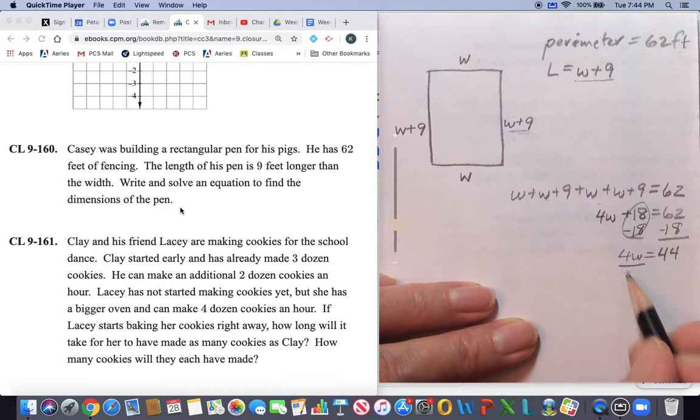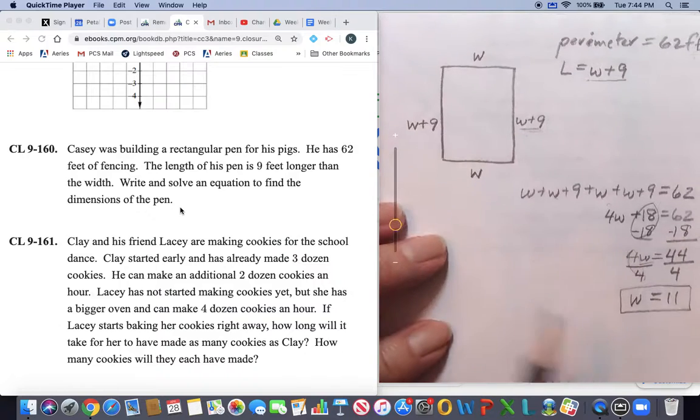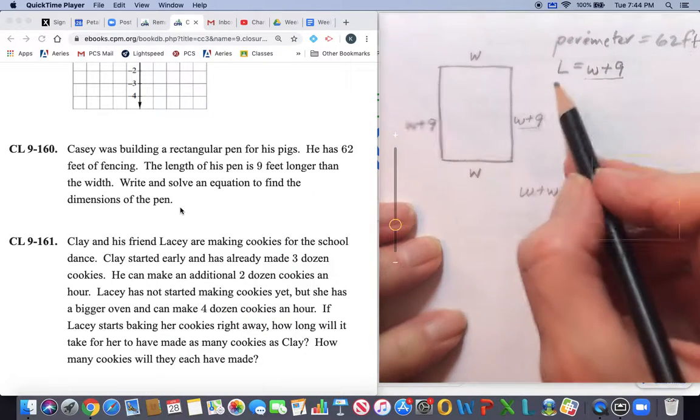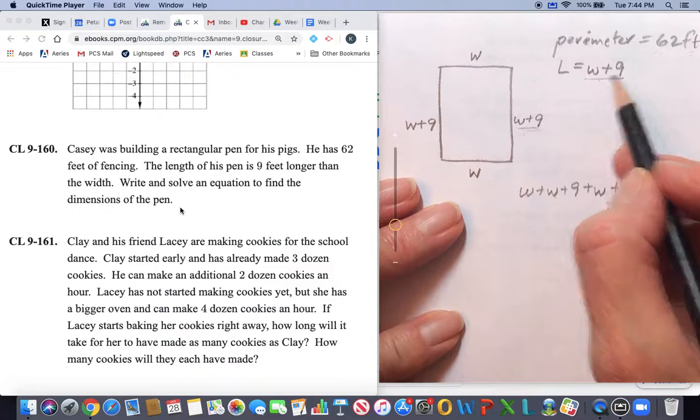And if we divide by 4, we can turn this into a giant 1. And so that's W by itself. And we need to do the same thing on this side, divide by 4. And so that's 11. So the width is equal to 11. And the length is W plus 9.